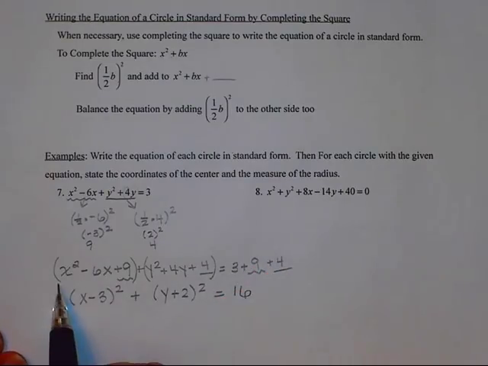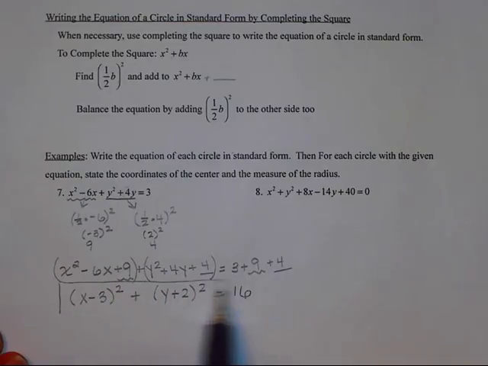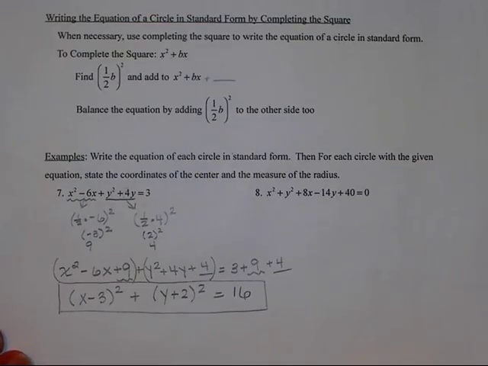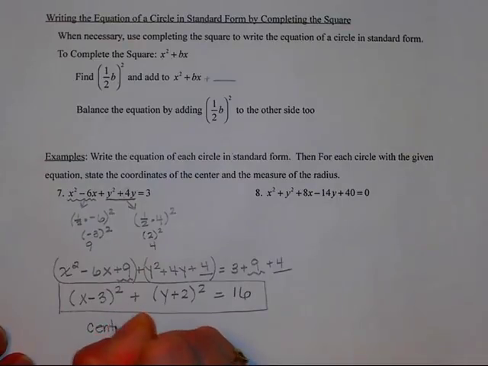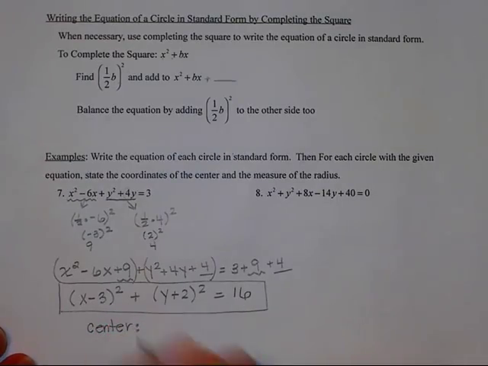And now we have the equation of the circle in standard form. X minus h squared plus y minus k squared equals r squared. Once the equation's in standard form, it's very easy to find the center and the radius. Remember, to get the center, we look at the coordinates or the numbers attached to x and y, but we always change their signs.